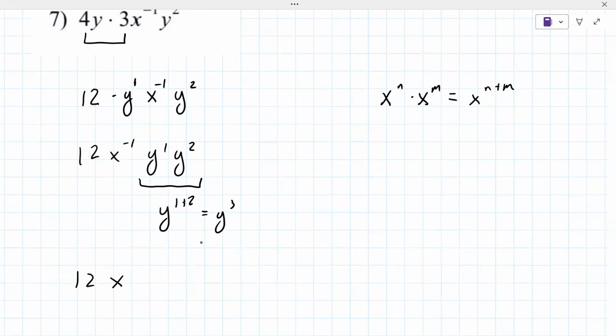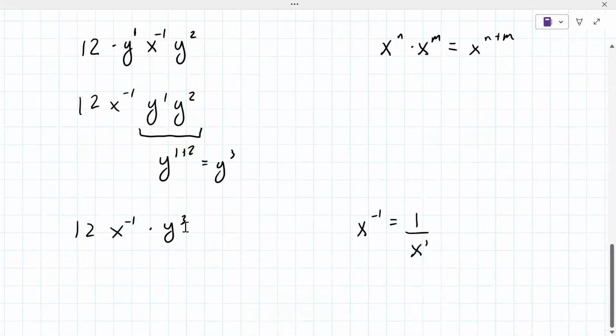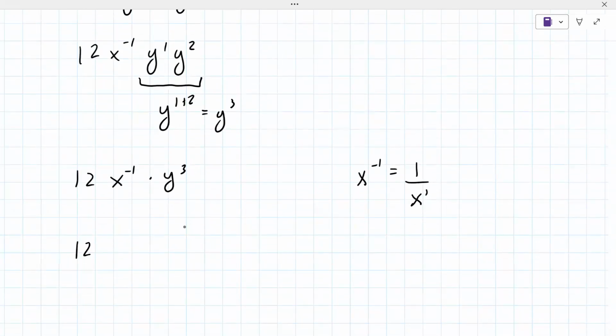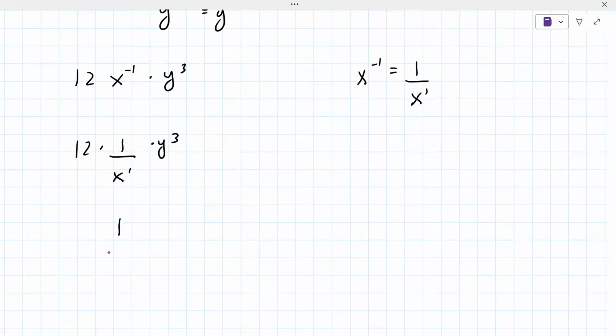And then this x to the negative 1, just like in the previous problem, is really 1 over x to the power of 1. So it's 12 times 1 over x to the 1 times y cubed. And you multiply the tops, you keep the bottom. 12y cubed over x.